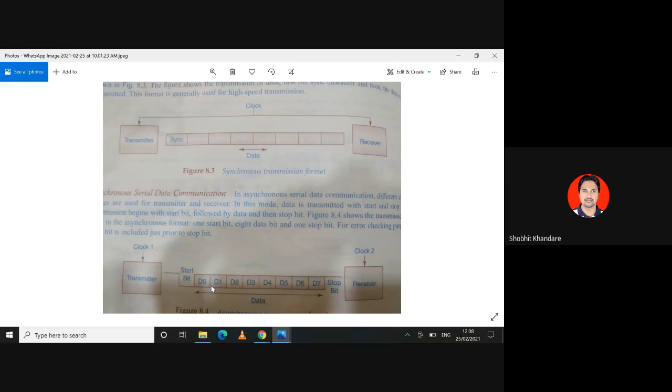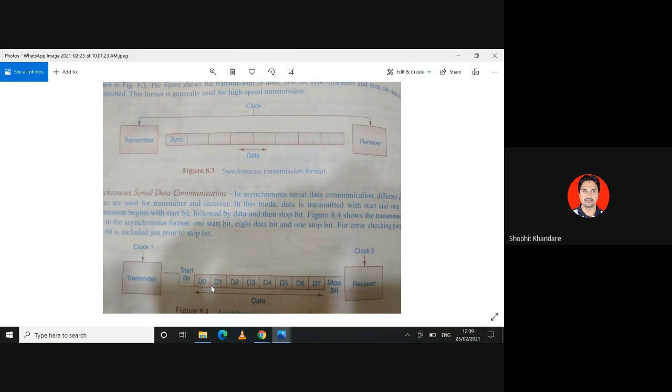Because of these additional bits, it is mostly not applicable, but sometimes we use baud rate for asynchronous transmission also.